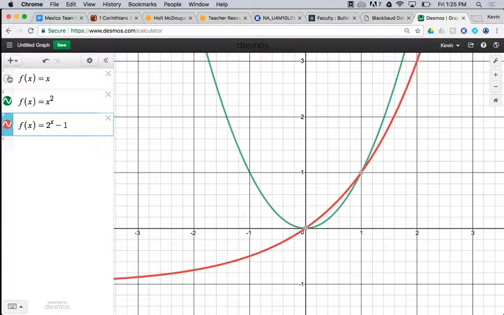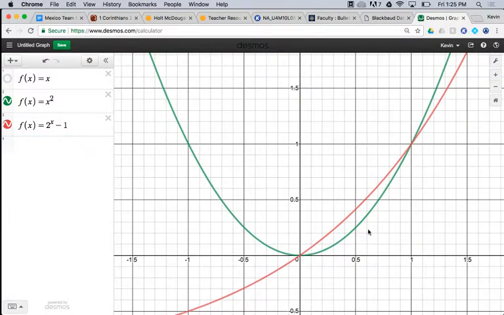Look, initially our quadratic function is growing faster than our exponential function. You see that? The exponential function is red.